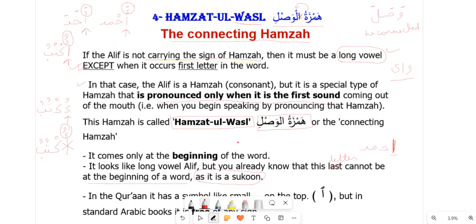The first reading rule is that whenever it comes at the starting of a sentence, you have to pronounce it. I will show you all the examples from the Quran, but after explaining hamzatul qata. So let's go and see the second rule for hamzatul wasl.